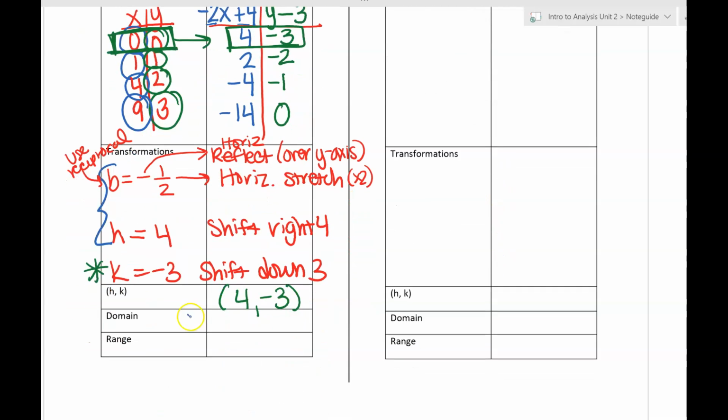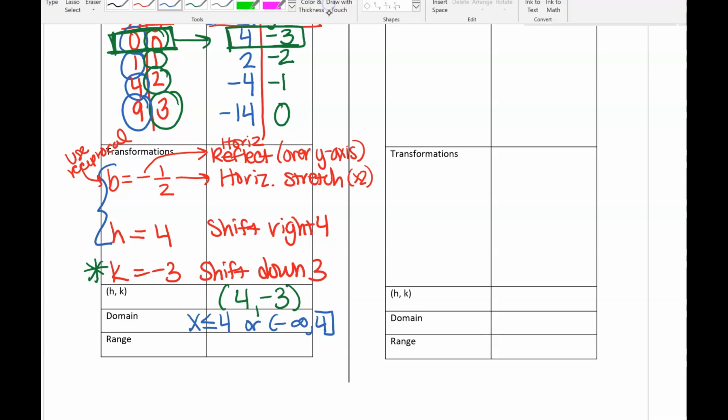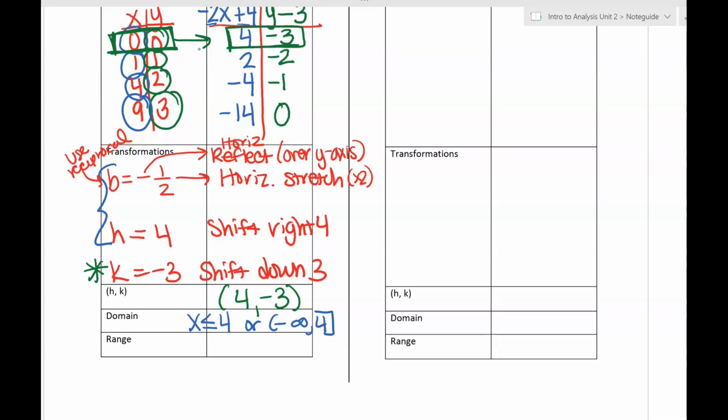So I have a domain where x's are less than or equal to 4. Or in other words, from negative infinity up to and including 4 for x values. And then when we look at that graph, the y value of that endpoint is at negative 3, and the graph goes above that. So the y values are greater than or equal to negative 3, or including negative 3 up to infinity.